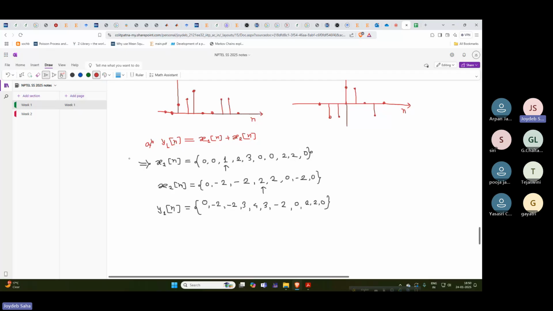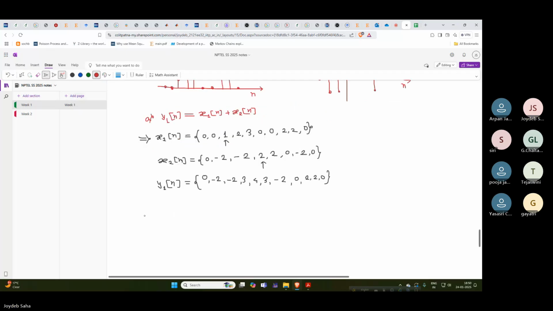Next question. What will be y2[n]? It is 2 into x1[n].